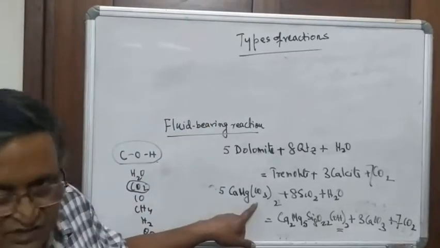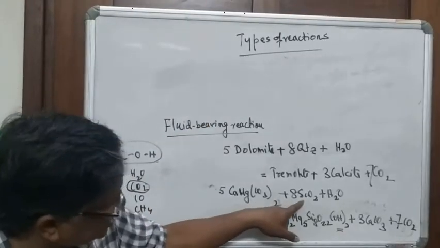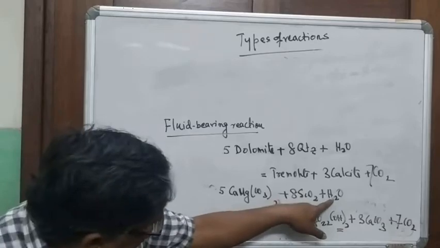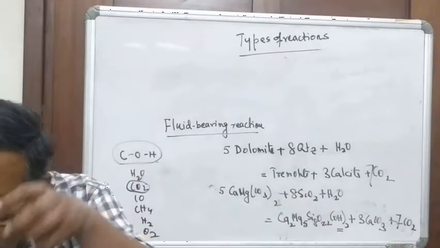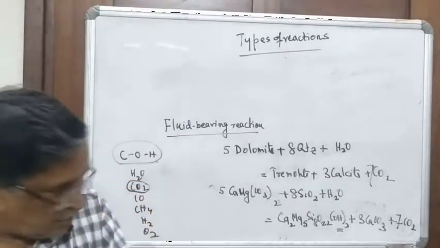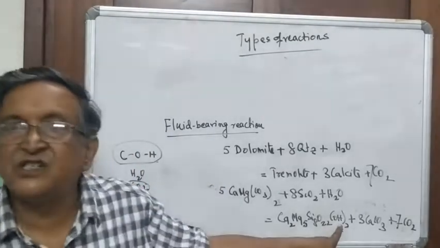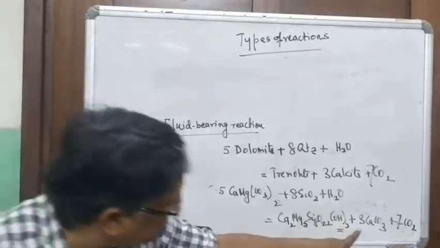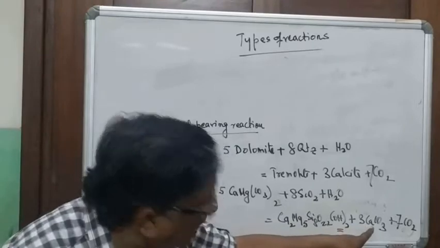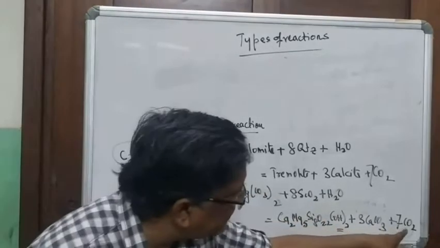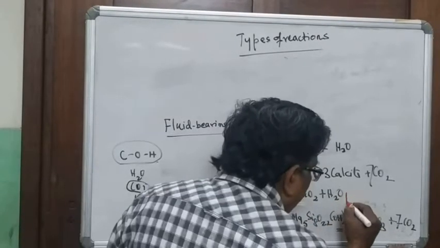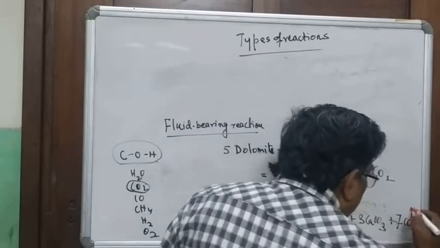Here, dolomite does not contain H2O, quartz does not contain H2O. This H2O is taken in to produce OH twice, structural water in tremolite, and then calcium carbonate needs to be balanced, so you have 7 CO2. So H2O is consumed, CO2 is liberated.